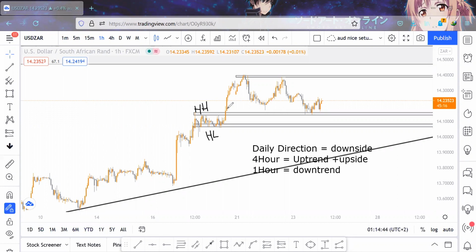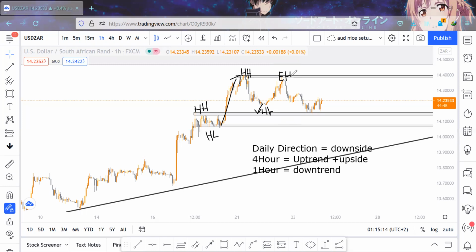The market then pushed to the upside, forming a new higher high here, right? And then it pushed down again to test this level here, right? Making it a higher low at this level here.